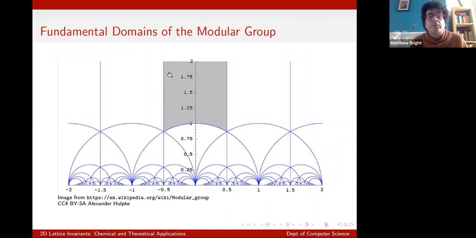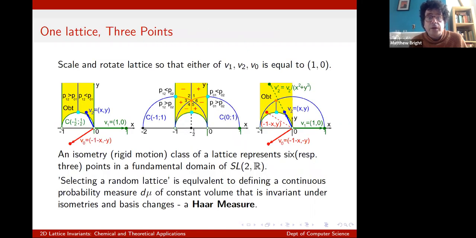I don't want to get too much into the maths of this, but this is a picture of various fundamental domains of it, and how that connects up to our lattices is how a two-dimensional obtuse superbasis is like this. If we scale and rotate a lattice so that one of our three superbases is lying along the x-axis at 0, 1, then you've got two other vectors, and one of them lives in a fundamental domain.